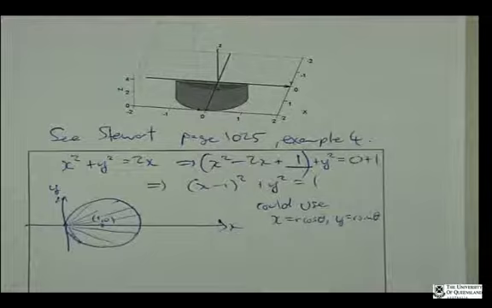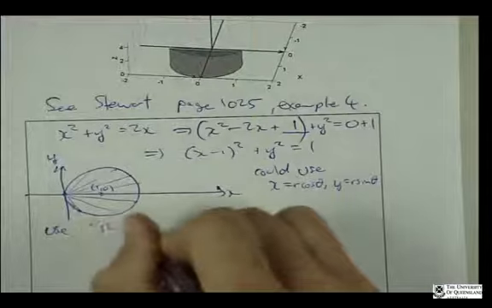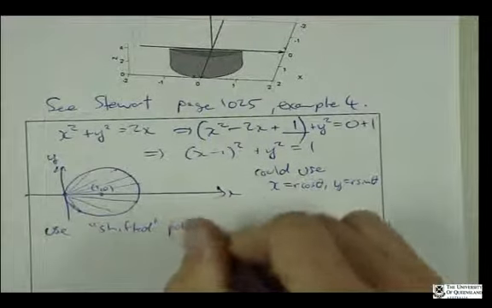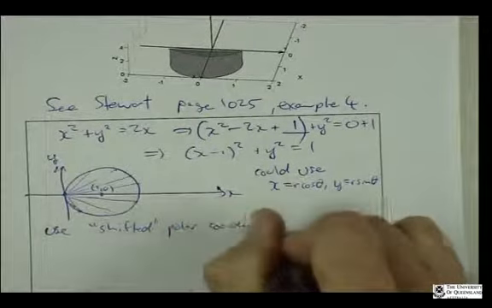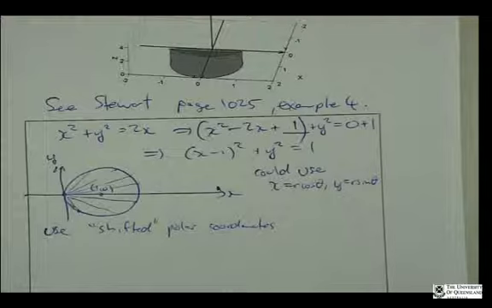Instead, one thing we could do is use what I call shifted polar coordinates. Because the circle we're interested in is centered at x equals 1, y equals 0, why don't we just redefine how we define r and theta?